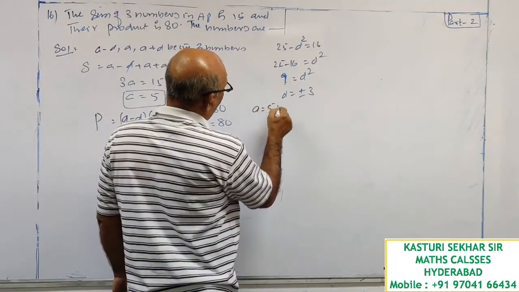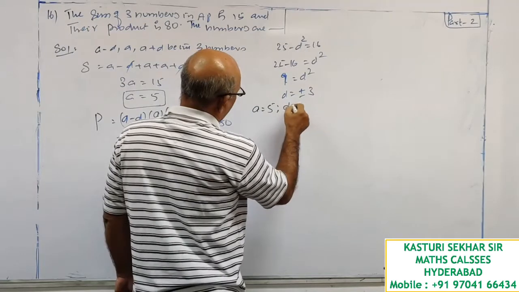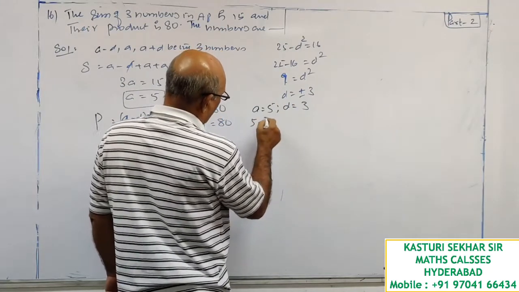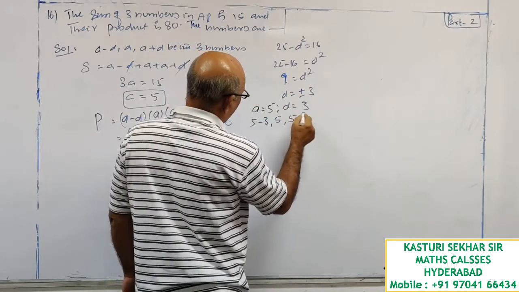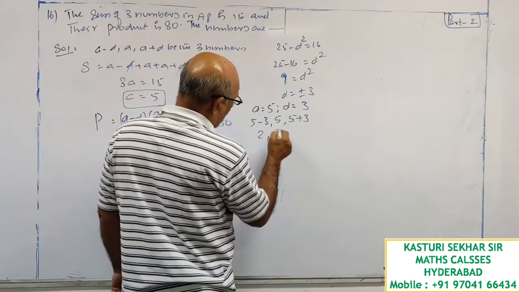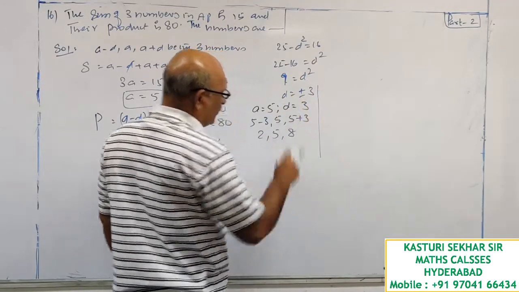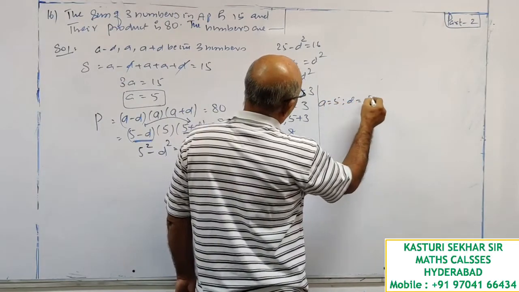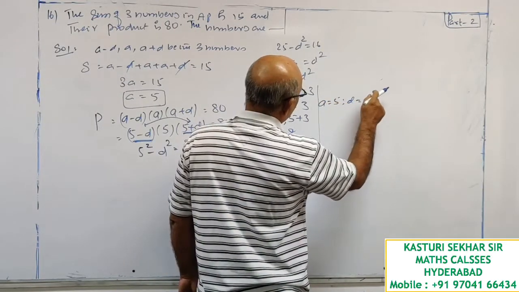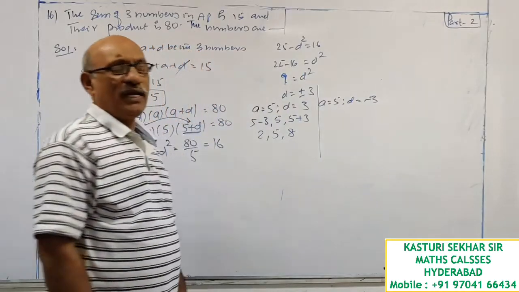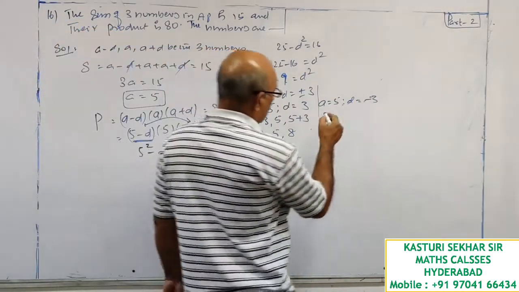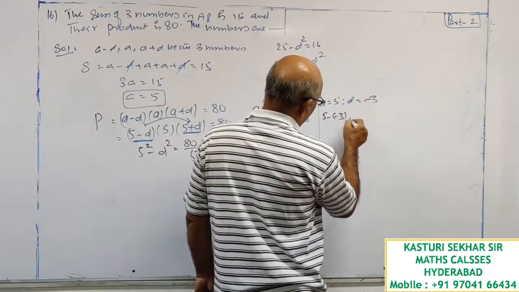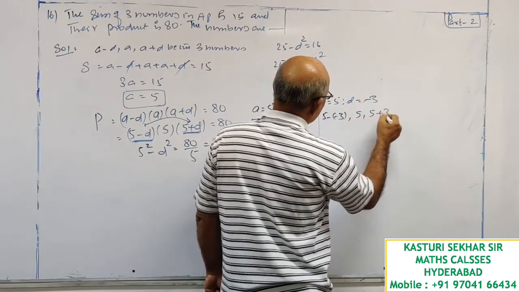A is equal to 5. D is equal to plus 3: 5 minus 3, 5, 5 plus 3. So 2, 5, 8. This is one set. A is equal to 5, D is equal to minus 3: 5 minus of minus 3, 5, 5 plus 3.